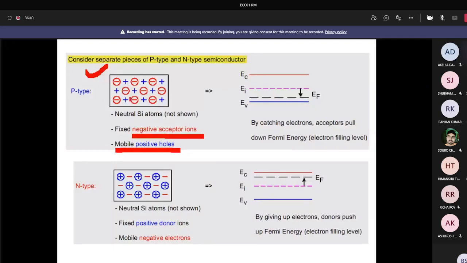So ions, holes, and some minority carriers will be there in p-type semiconductors, because when I discuss p-n junctions, these ions will have an important role.